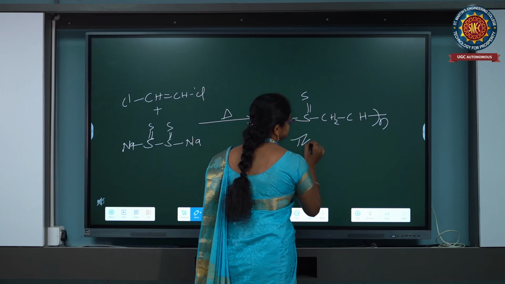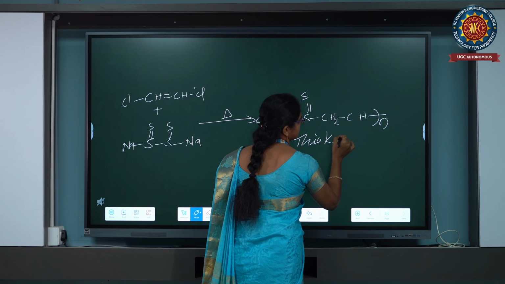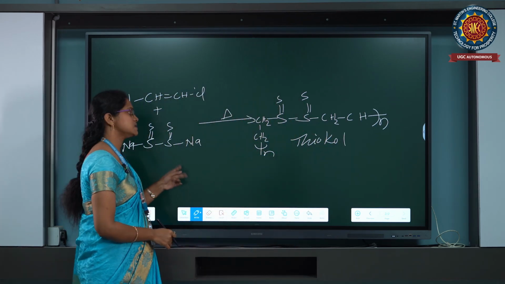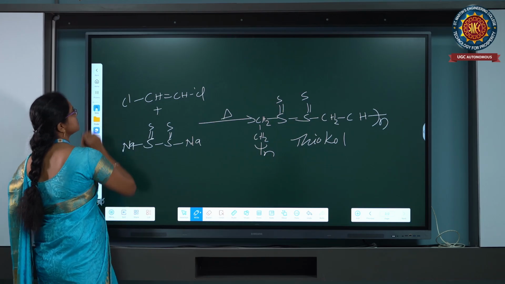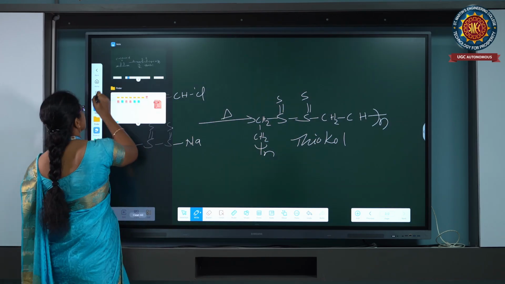That is thiokol. Okay, these are the two types of synthetic rubbers: Buna-S and thiokol.